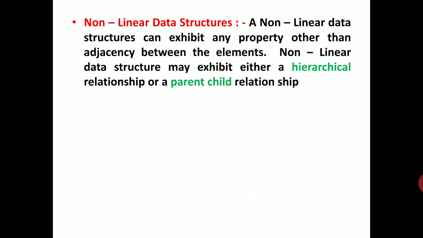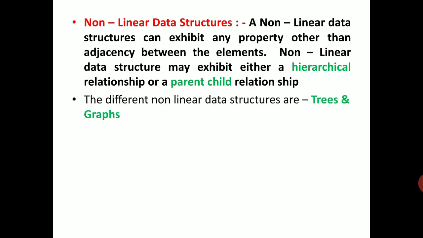Non-linear data structures can exhibit, that means show, any property other than adjacency between the elements. That means they are not going to share consecutive locations. Non-linear data structures may exhibit either a hierarchical relationship or a parent-child relationship, as shown in these figures.